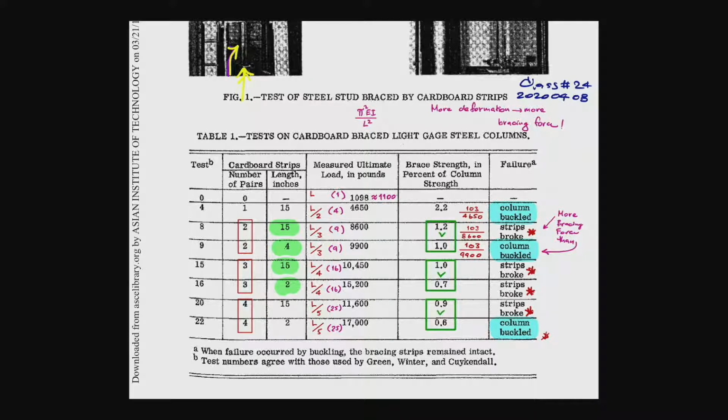But if you have the brace for stability only, and not for other lateral forces, then you have zero force in the brace. When you have zero force in the brace, you have no idea what size, what cross section, what stiffness you need to provide to the brace, such that stability is not going to be the issue for your steel structure. So here is why this paper comes into place.